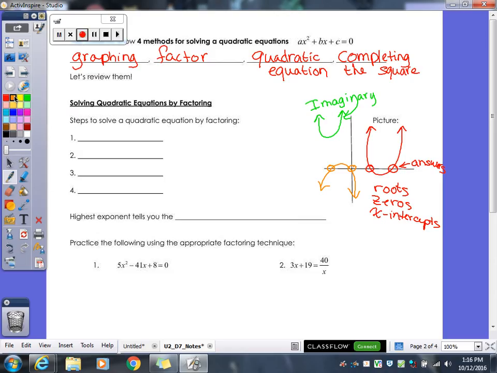So when we're solving by factoring, first thing we need to do is put it into standard form, which means you have your x squared term, your x term, then your number equals 0. Everything's on one side, equals 0 is on our other side, ax squared plus bx plus c.